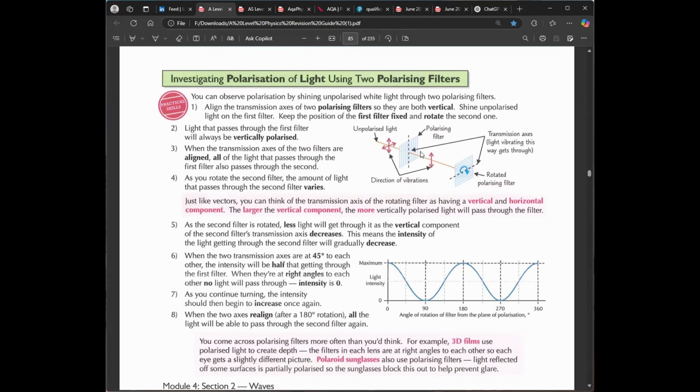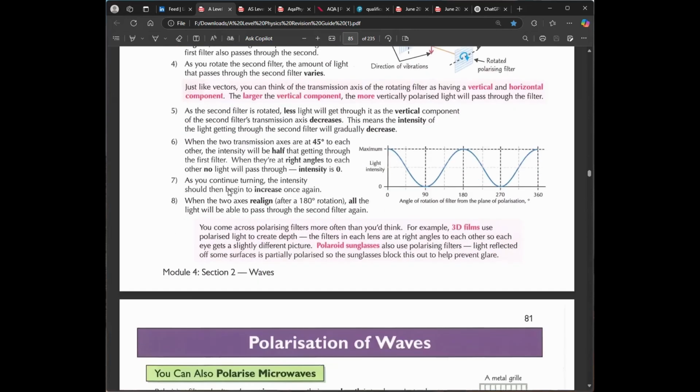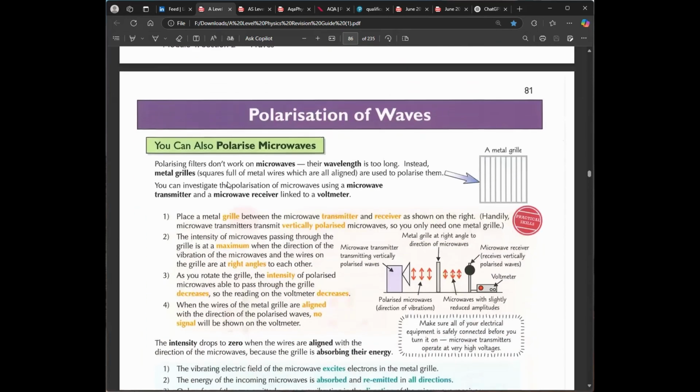Whatever is the weightage of the vertical component out of one, that much of the vertical light coming from the first polarization filter would pass through the second one. Does that make sense? All right, I'll just take it that you are understanding everything. Okay.